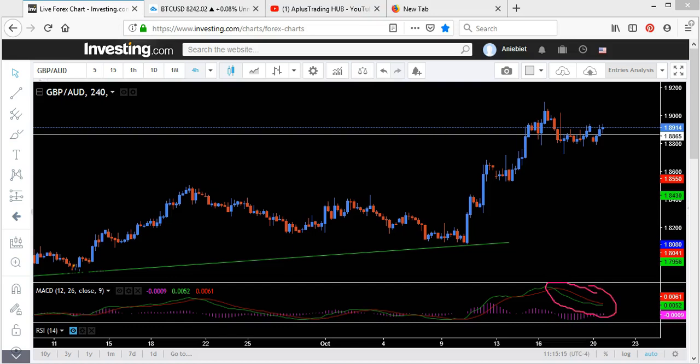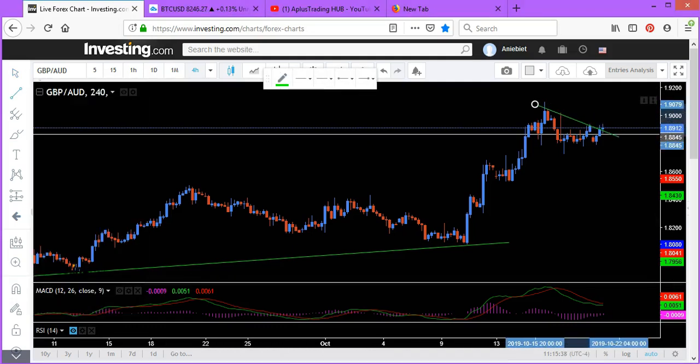Look at the green moving average. It's trying to push up, so it's giving you a clue that price is going to push higher. Then from what I'm seeing here, we have a kind of bullish flag here. Let me use trend line to draw that.